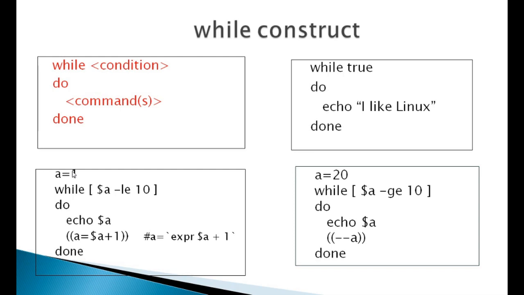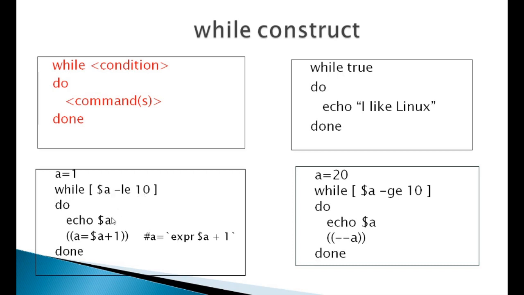Another example: a is equal to 1, while a is less than 10. I'm just printing that a and then I'm incrementing it. Increment can be done like this, or it can also be done like this, or you can just use double parenthesis plus plus a. So increment can be done in any one of the ways. Here you can see that a is set to 1. This condition is true because it is less than or equal to 10.